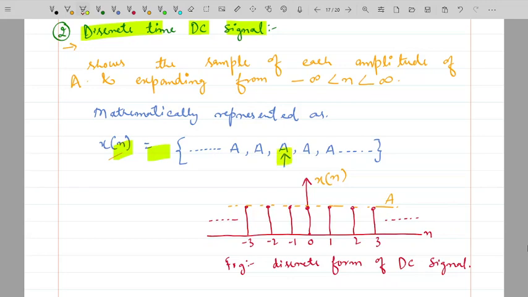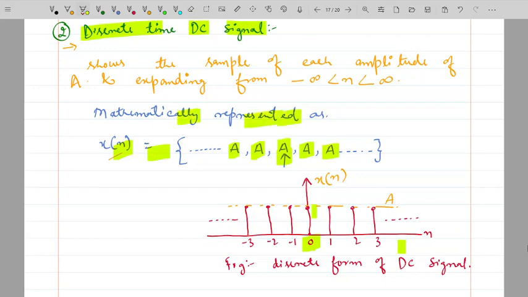This arrow denotes the origin point, and at the origin the signal also has amplitude A. From the origin to minus infinity the negative values also have the same amplitude A, and from the origin to positive infinity the values also have the same amplitude A. So this is the discrete time direct current signal in digital signal processing.